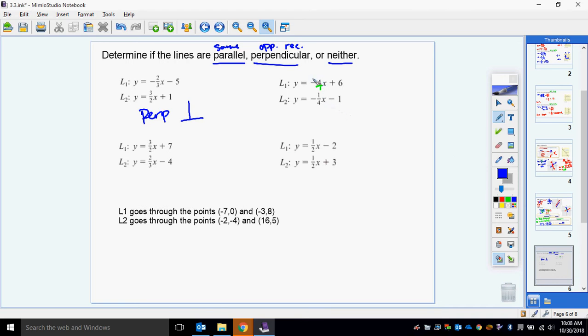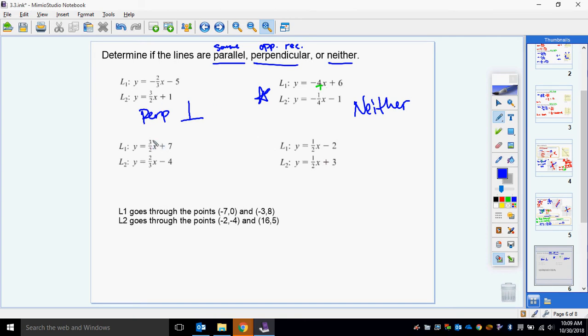Are they the same exact slope? No, they have the same sign, but this is 4 over 1 and this is 1 over 4. So it's not parallel, it's not perpendicular. This would be a neither case. This one's important. I like to trick students with this one because they're reciprocal, but they're not opposite. So don't be fooled by that.